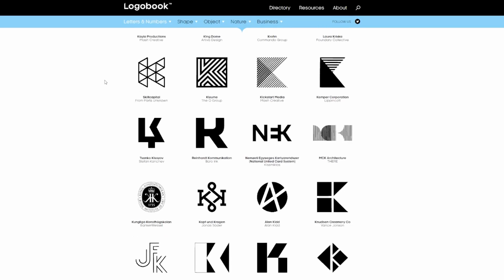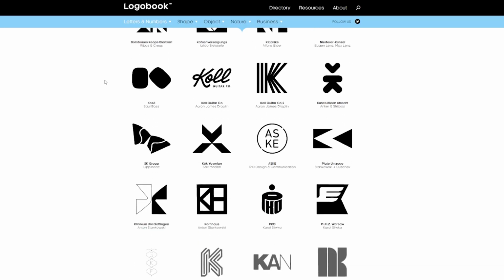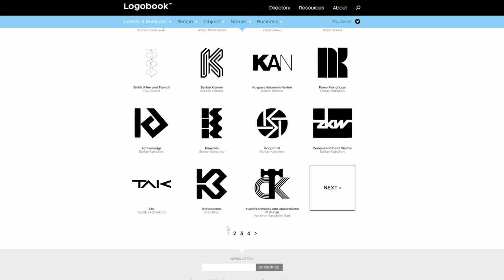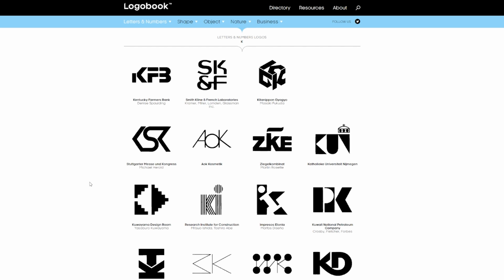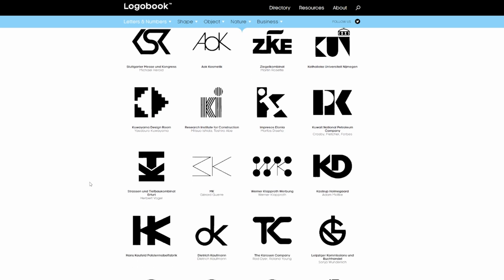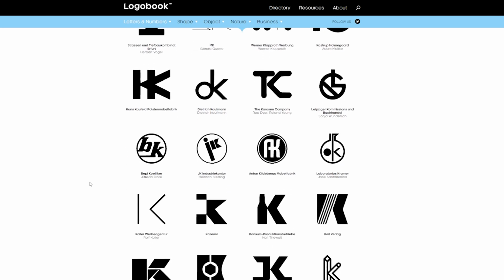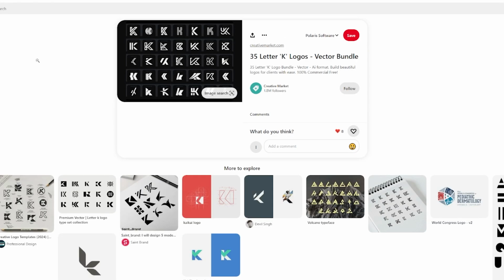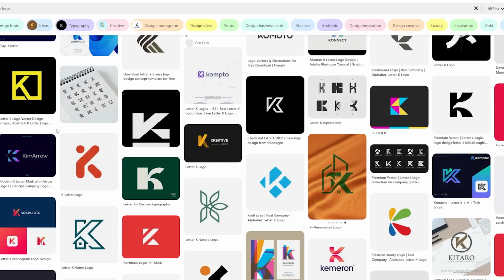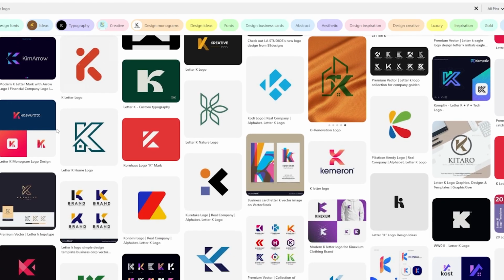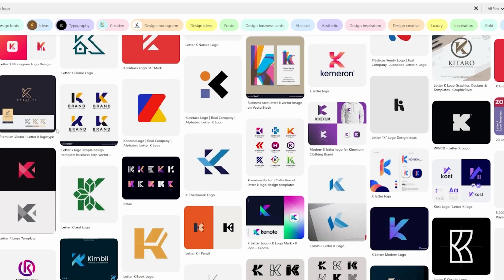My first job was to do a little bit of research before I started actually designing anything, and I wanted to check a lot of logos that have the letter K in them, or that are only made up of the letter K, so that I can get some inspiration, sort of like what does a K like this look like?